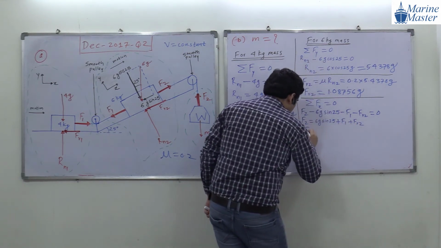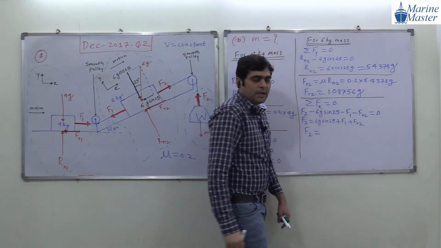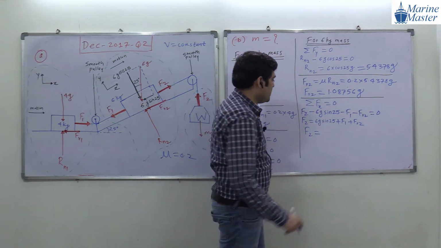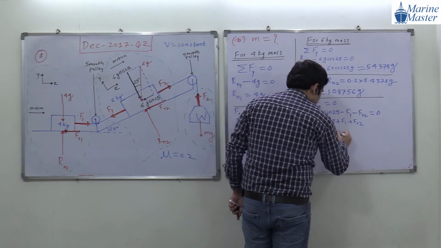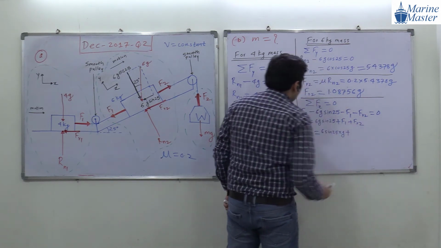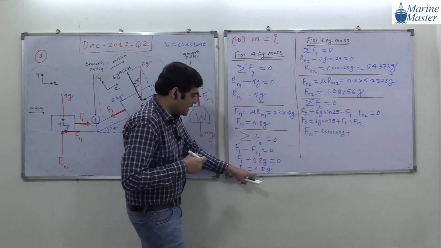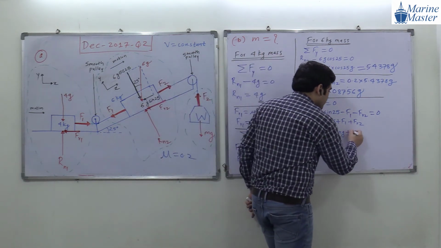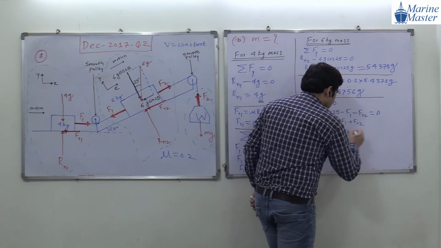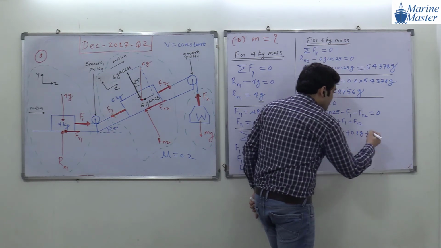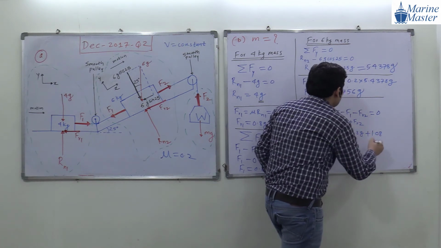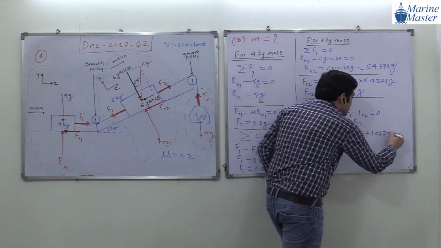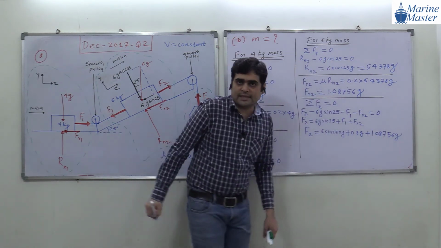What will be F2? 6g sin 25 means 6 sin 25 into G, plus F1, which we just calculated as 0.8 G, plus FR2, which we calculated as 1.08756 G.